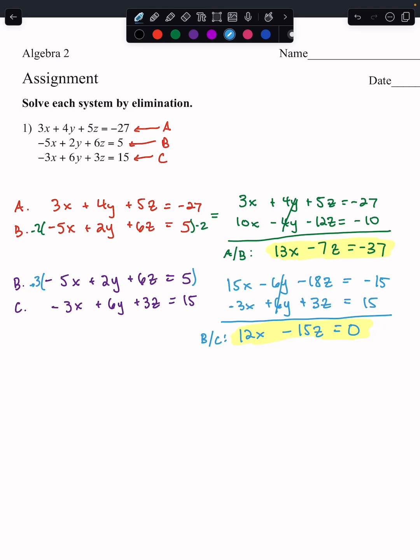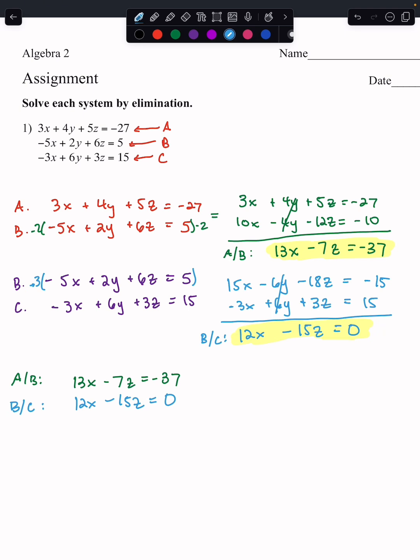So our first A-B combination was 13x minus 7z equals negative 37. And then our other combination was the BC combination, and we ended up with 12x minus 15z equals 0. Now we have to figure out what variable we want to cancel out.